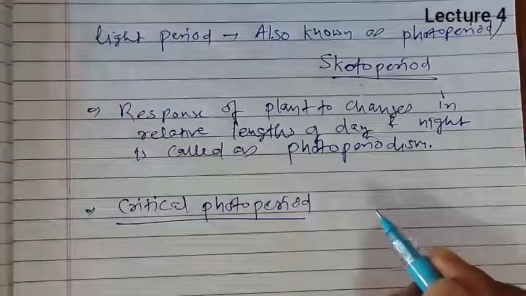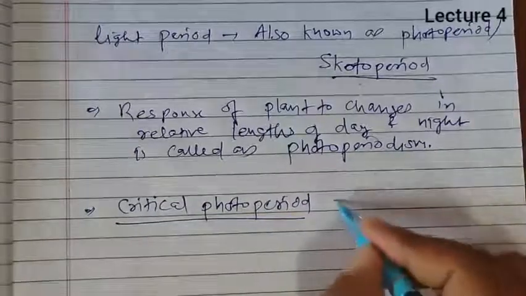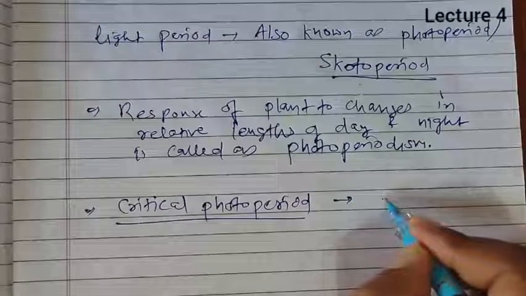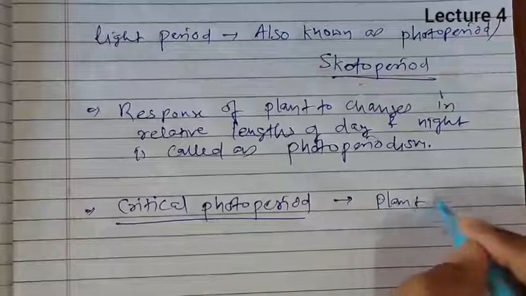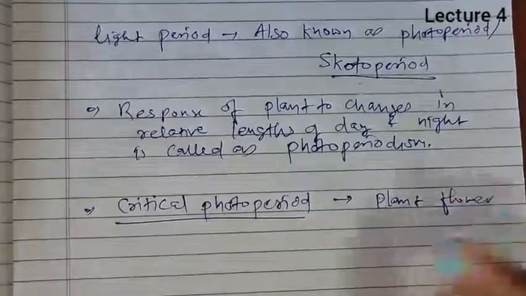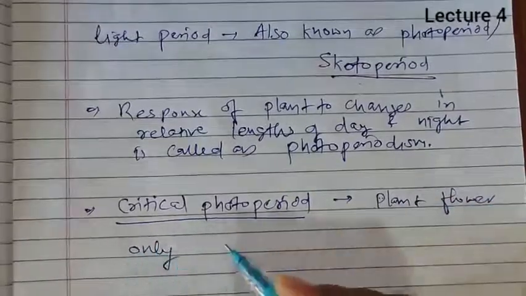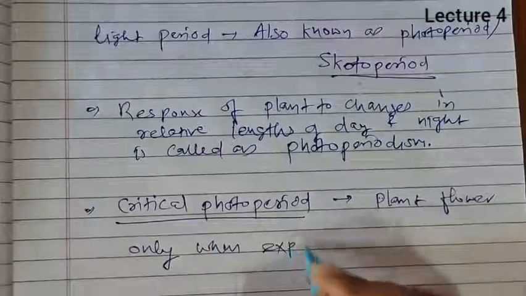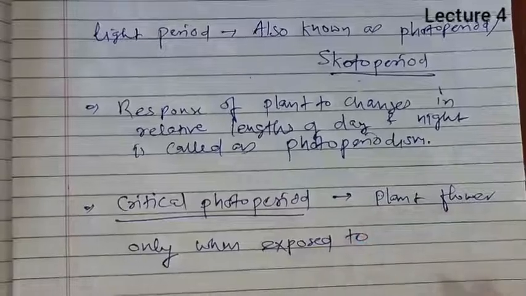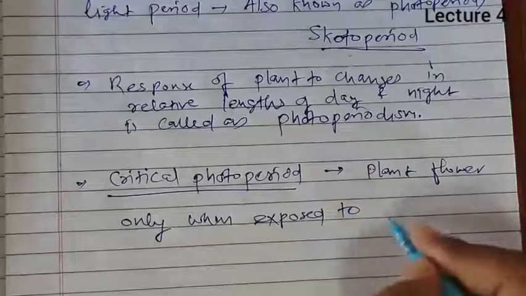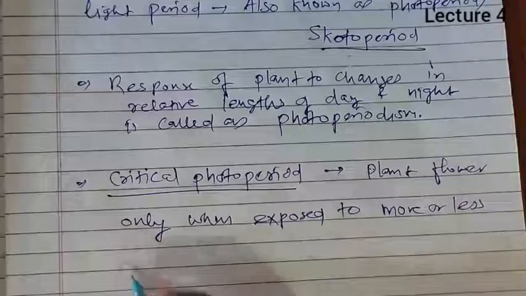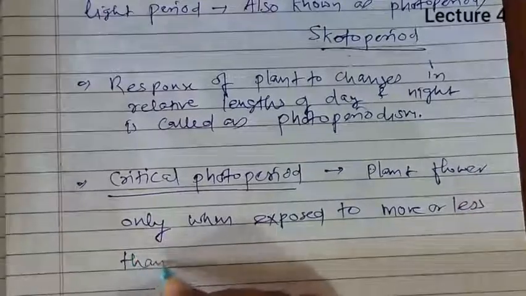Critical photoperiod is a period in which plants flower only when exposed to more or less than a certain period.